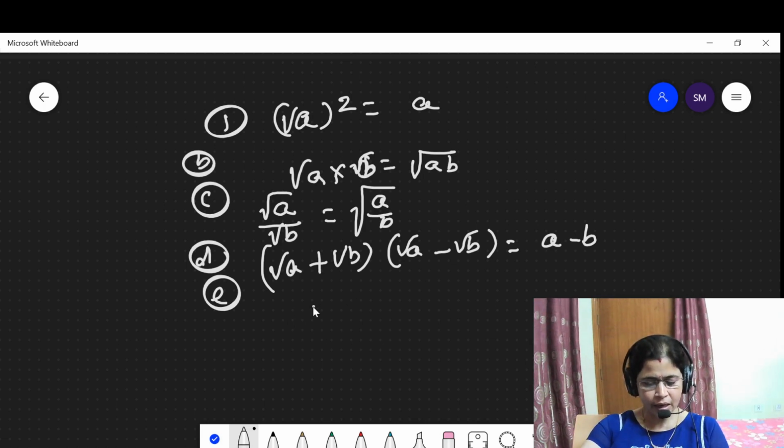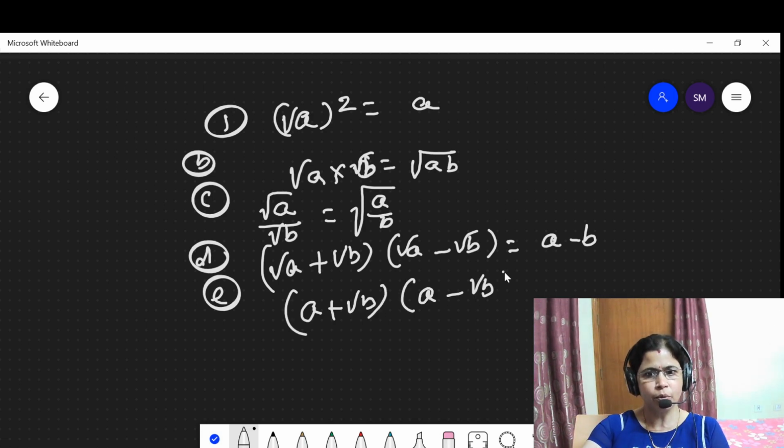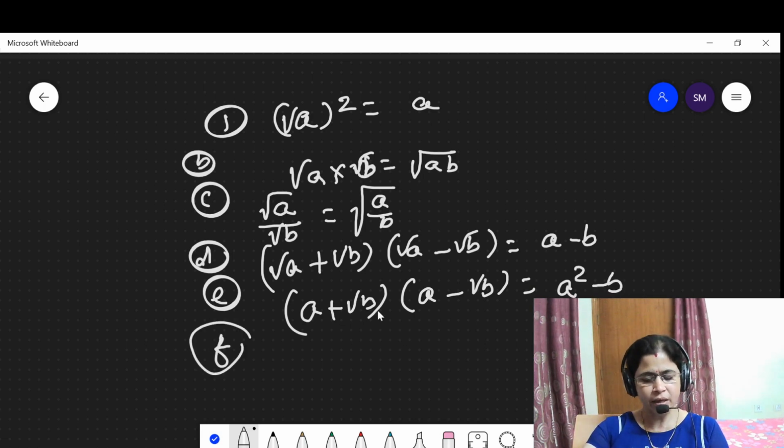Another one: a plus root b into a minus root b is equal to a square minus b. These are the identities you mainly use while solving rationalizations of given algebraic expressions.